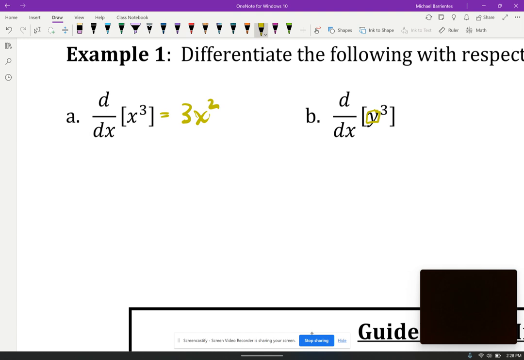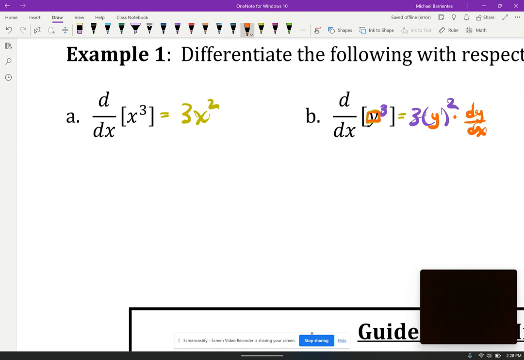So just like in the initial video, what we're going to have to do is identify that this is the outside function and this is the inside function. So we're going to take the derivative of the outside with the inside still in it times the derivative of the inside, which I'm going to call dy dx. You can also call it y prime, but you'll find out pretty soon why I prefer to use this Leibniz notation, dy over dx.